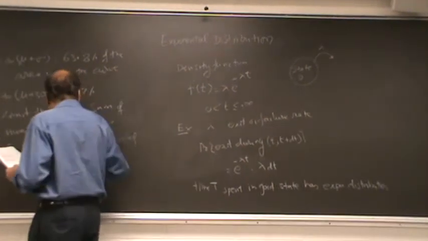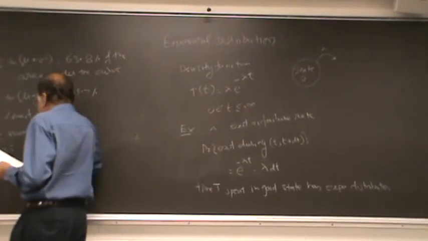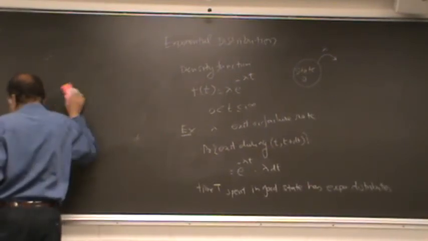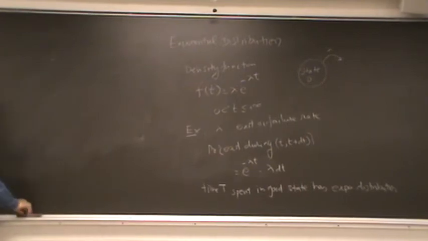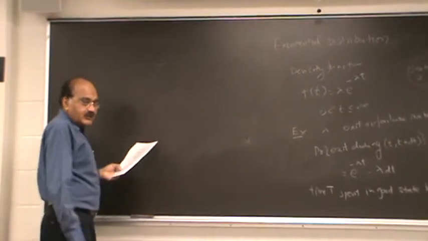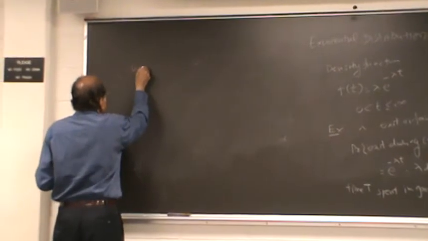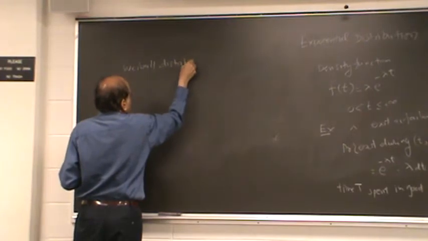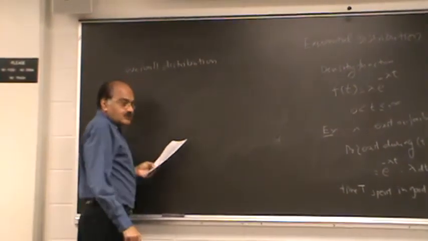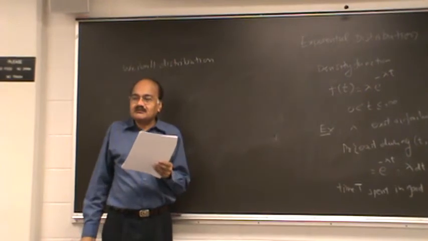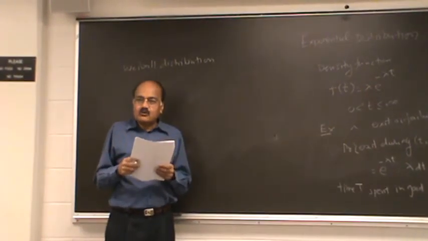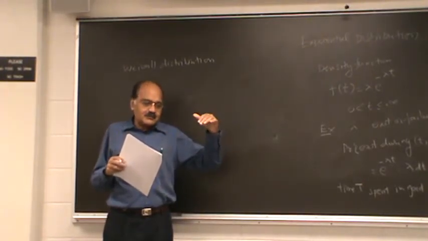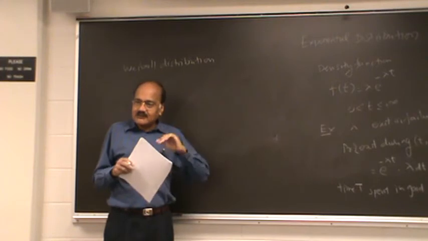Now let me mention that there is a generalization of exponential distribution which is called a Weibull distribution. Now notice the exponential distribution has only a single parameter. There is a distribution called Weibull distribution, which is very popular among researchers on reliability, even though we will not use it that much. So sometimes you try to fit something and exponential distribution doesn't fit quite nicely.